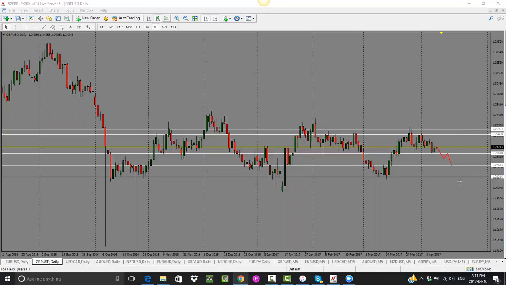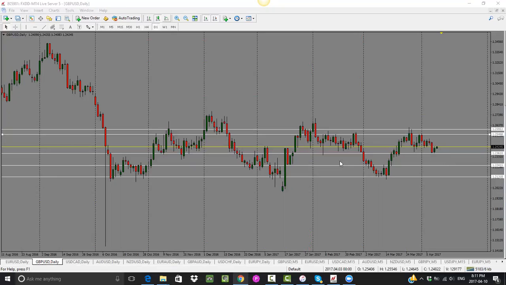Again, the only news that's coming out is for the British pound, so we do expect a move in the British pound tomorrow. If the number comes in line or slightly lower, there may not be a big impact. If it comes out quite negative, then chances are pound could drop, or if it comes out very positive above 2.2, in that case it would be a move to the upside that we're likely to see.